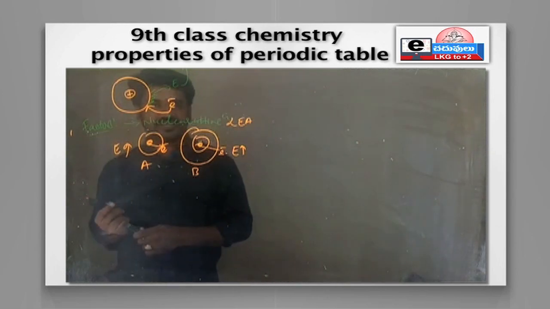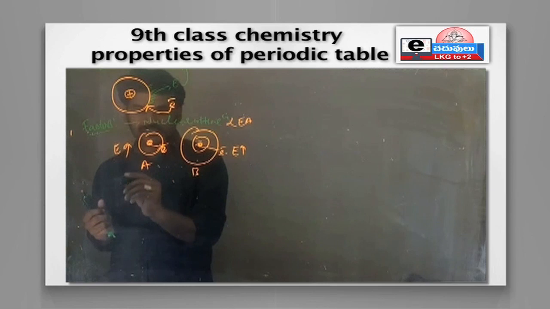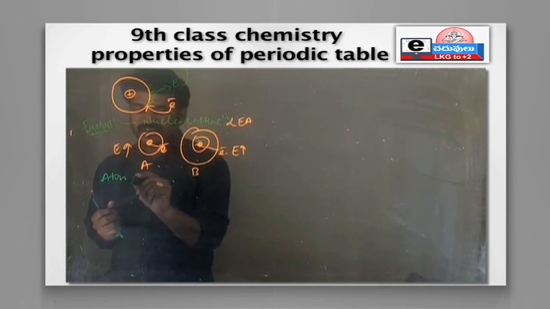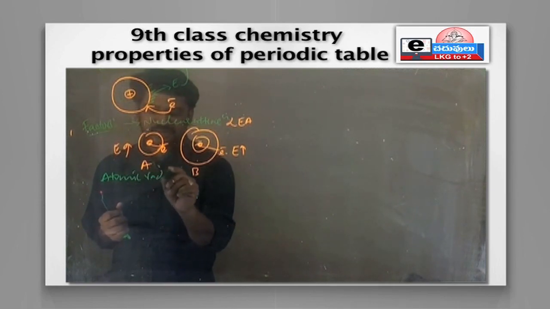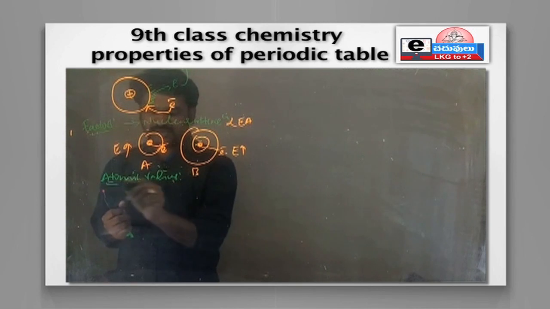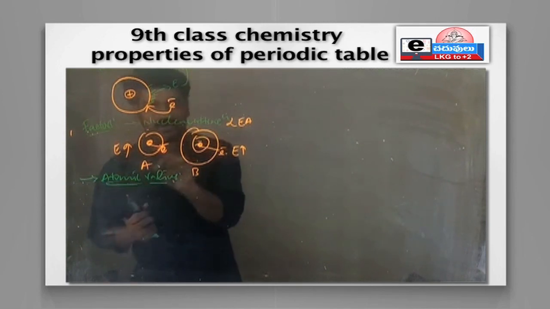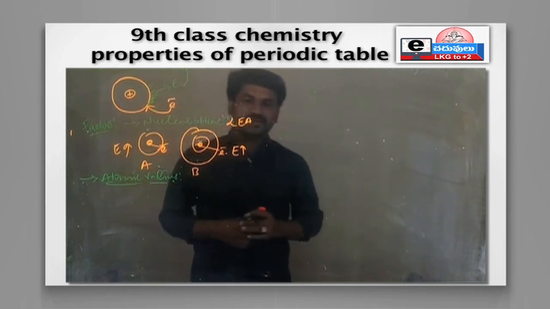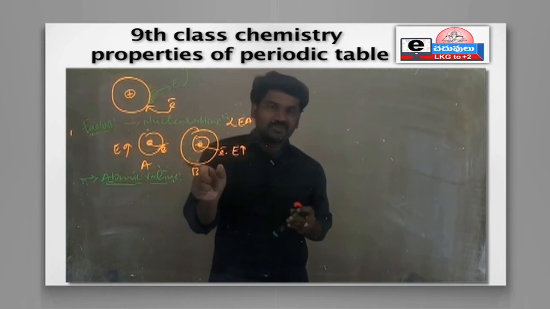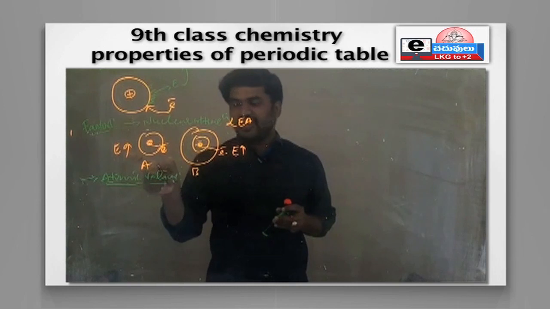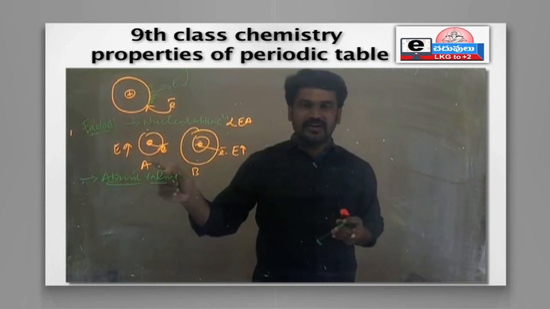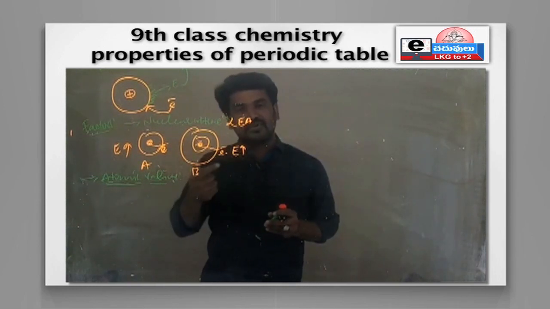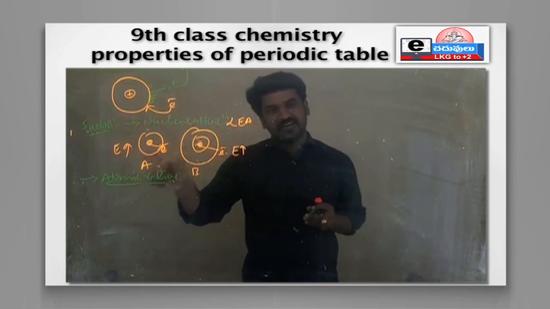So the second factor is atomic radius, right? Just now we discussed atomic radius. Which has the larger atomic radius? Atom B has the larger atomic radius, and atom A has the smaller atomic radius. Where will you get more energy? At A you will get more energy.